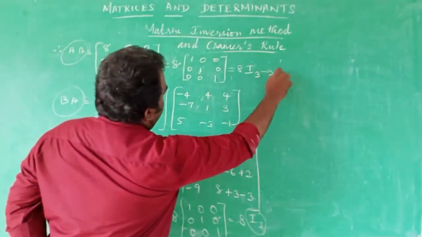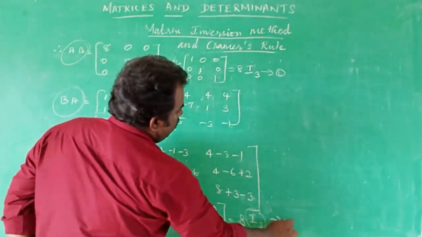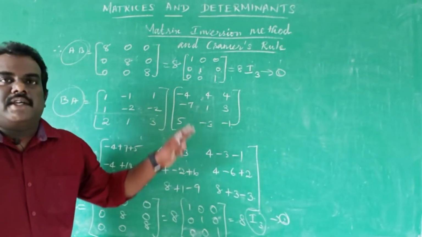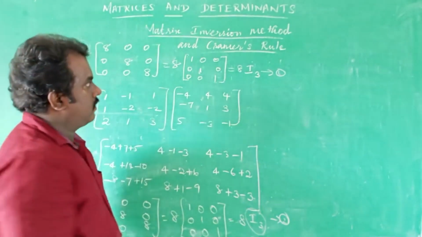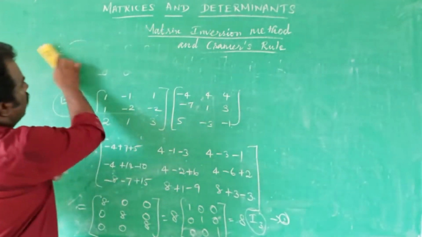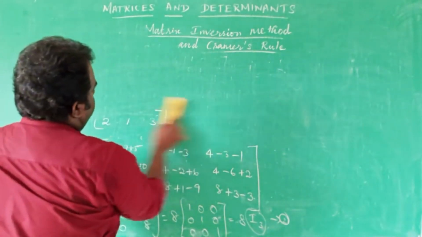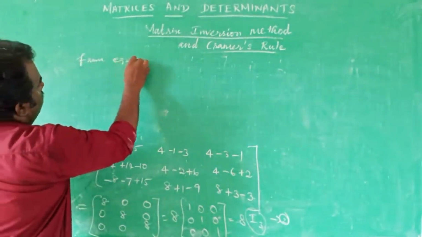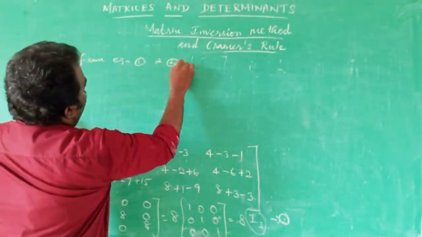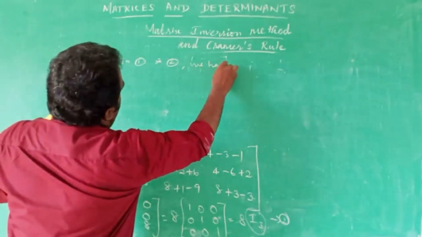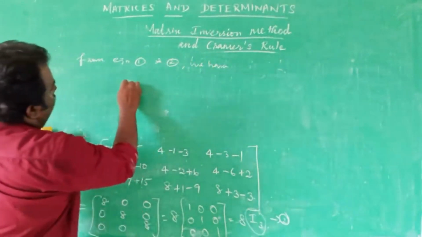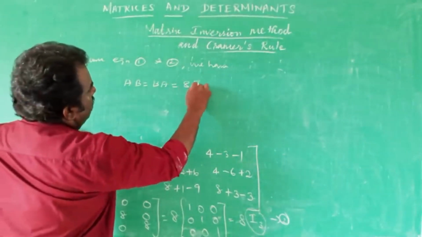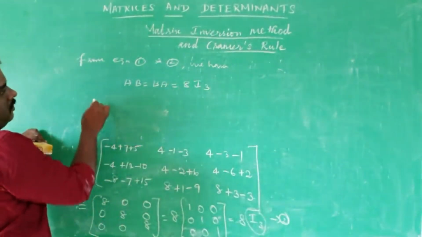This is equation number 1 and this is equation number 2. From 1 and 2, what do we get? Both AB and BA are 8 into I3. So from equation 1 and 2 we have AB equal to BA equal to 8 into I suffix 3.